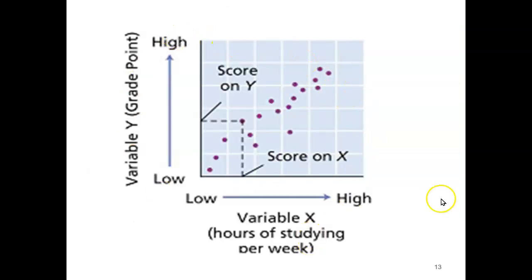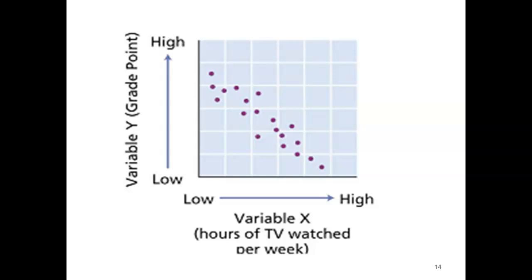Grade point and hours of studying per week. This is a very strong positive correlation. It is easy to find your line of best fit here. So the higher your grade point average, the more hours you studied per week. Here we have grade point average and the hours of TV watched per week. Here we've got a strong negative correlation.